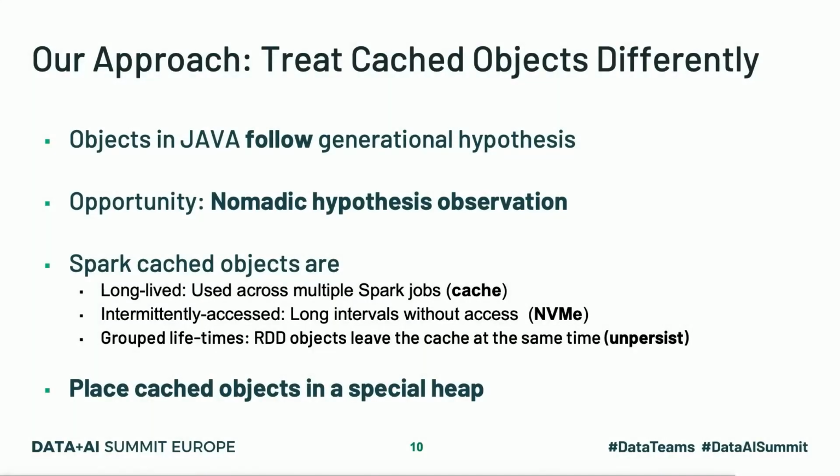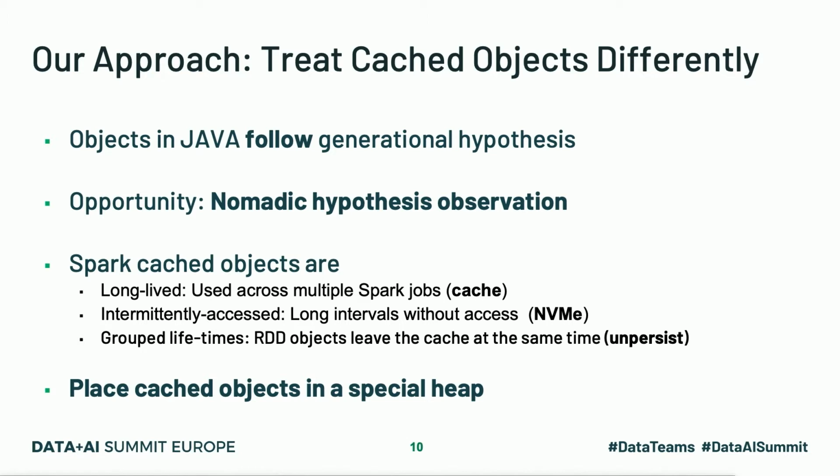So in our design, we treat the cache objects differently. We have the Java objects that follow the generational hypothesis, which says that when a new object is created, it is prone to die young. However, the cache data in Spark has a nomadic behavior.